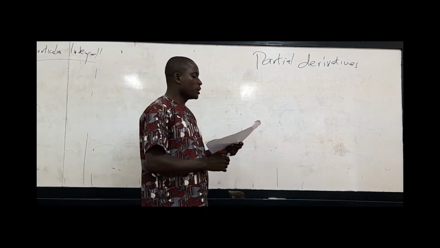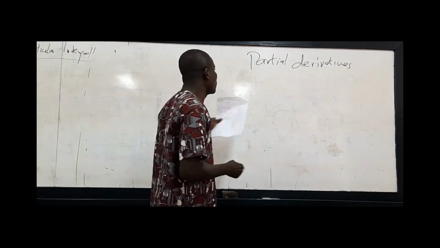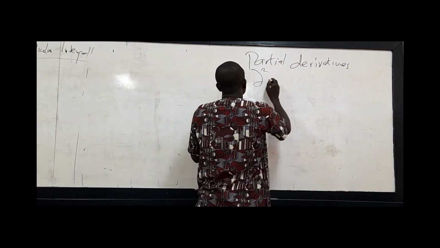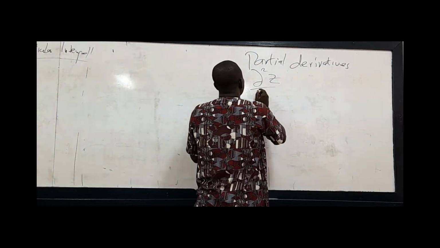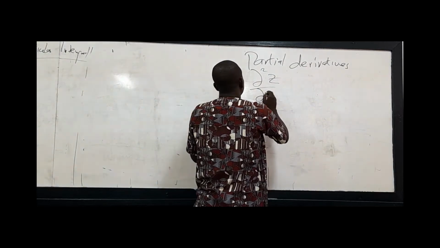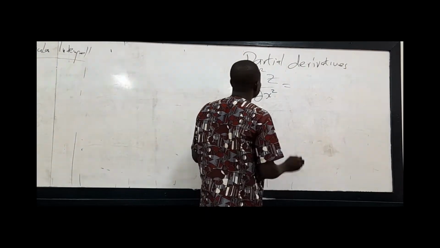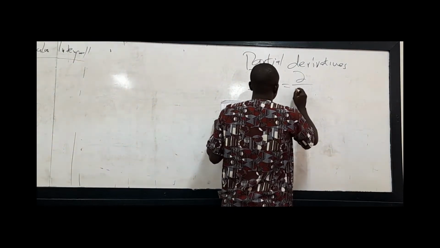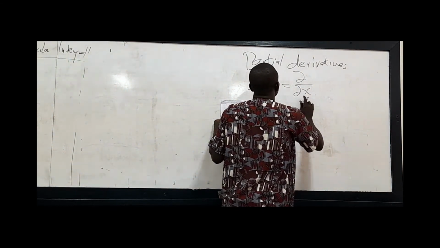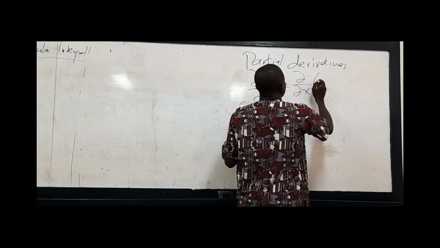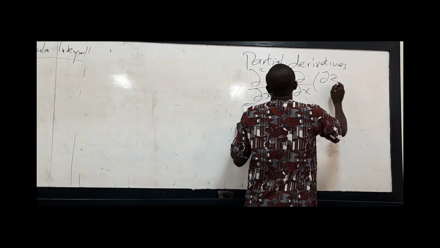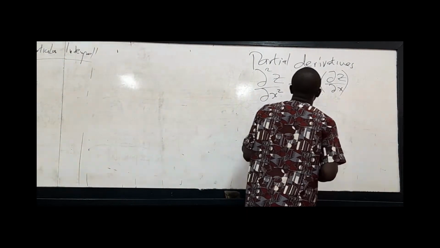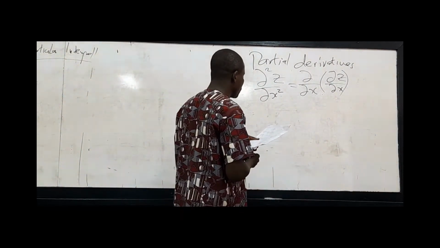Is that okay? So I want us to look at something in brief. If I have the square, this is what some students don't want to see, over the x squared. This is written as the x, okay? Then the z, the x. Note this, we are going to apply it for something.